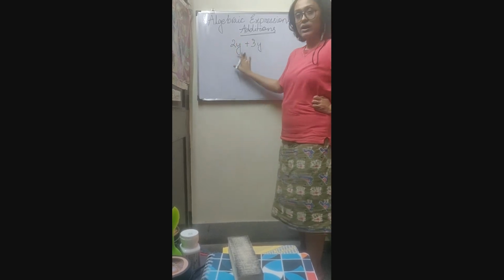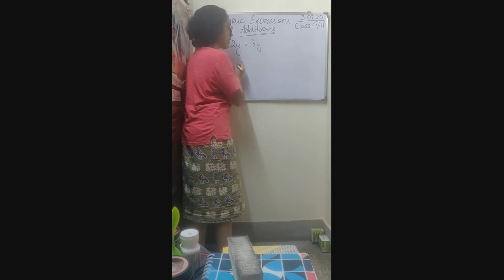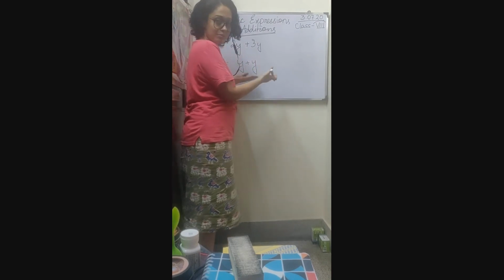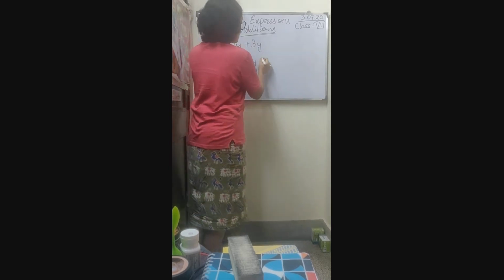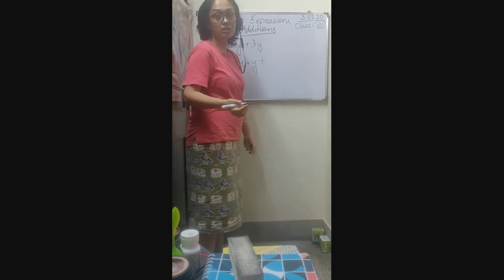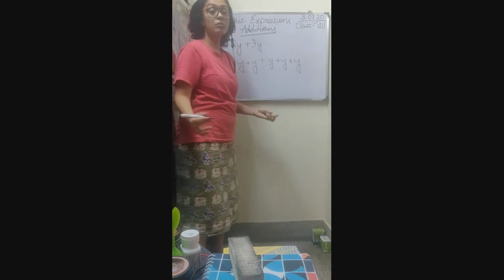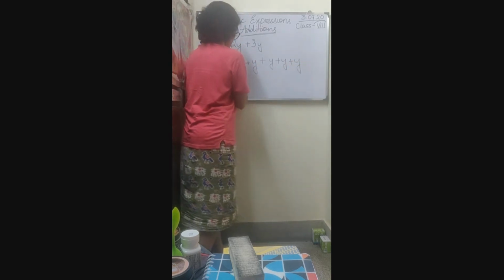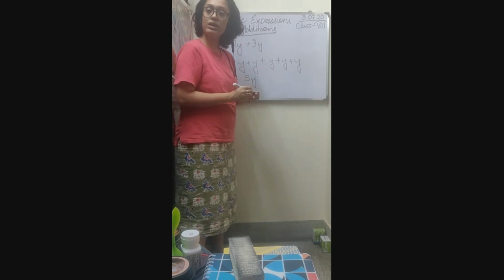So 2y can be written as y plus y. 2y basically means 2 y's added together. What does 3y mean? 3 y's: y plus y plus y. So how many y's? 5 y's. Right?